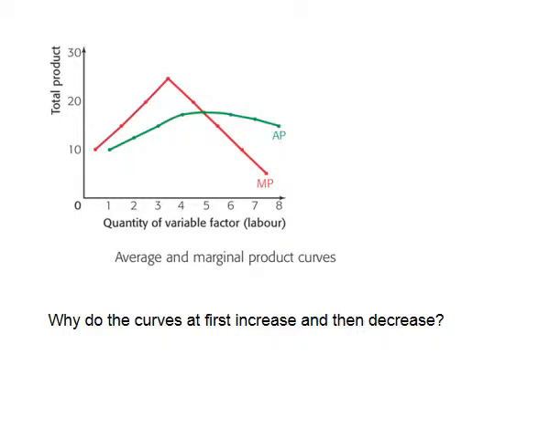With the average and marginal product curves, if we were to graph these, we can see that at the beginning both of them increase, and that's when we are becoming more and more efficient, adding a few workers at a time. But then we got to a point of optimization and started to see declining gains as we added more workers.